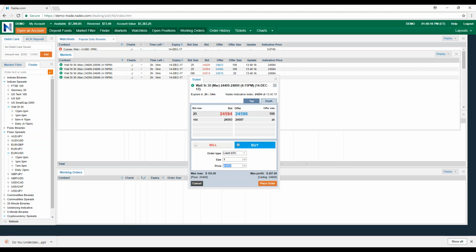At expiration, if this spread expired at 24,592, 1 point below where you bought it, just like our binary example a minute ago, if it expired 1 point below the strike, you lose it all. But if this spread expired 1 point below where I bought it, bought it at 593, expired at 592, how much do I lose?